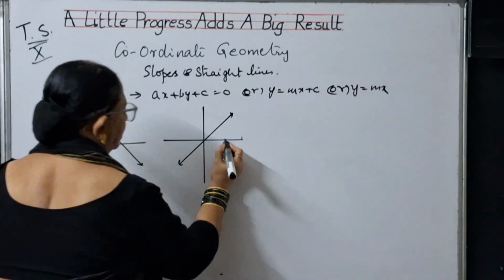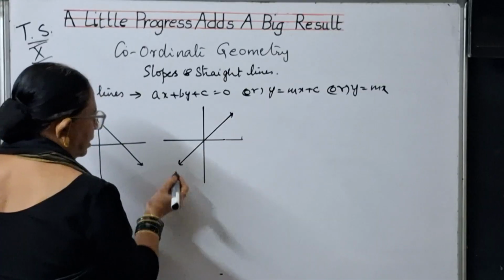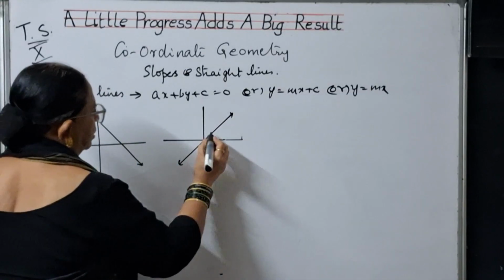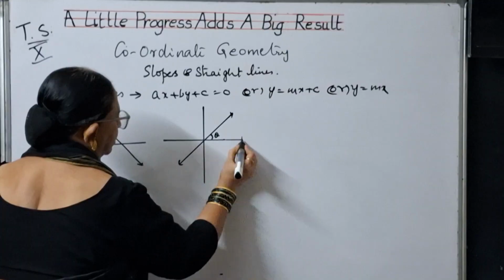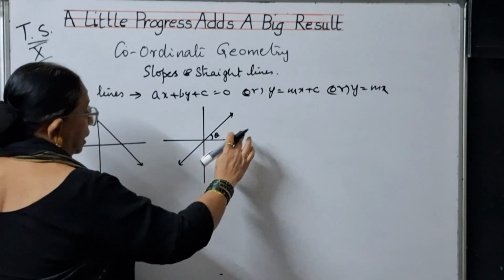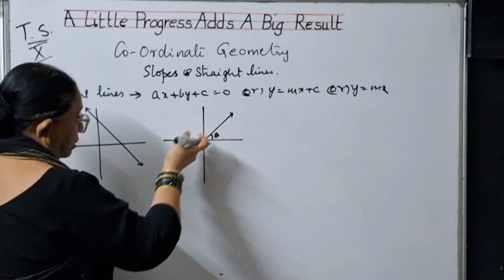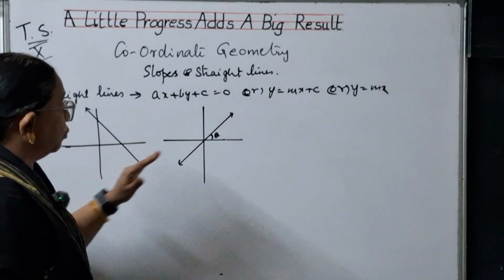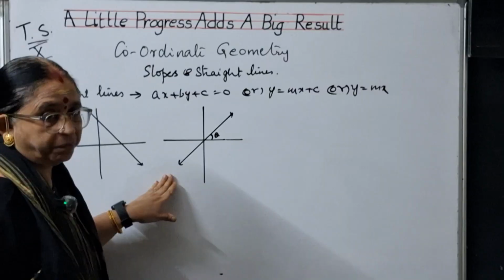So these straight lines, when they take a bend, form a certain theta here. The value of this theta will give you the slope of this line.